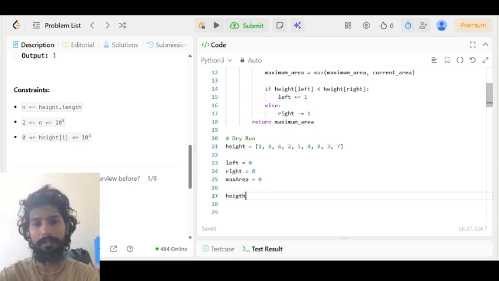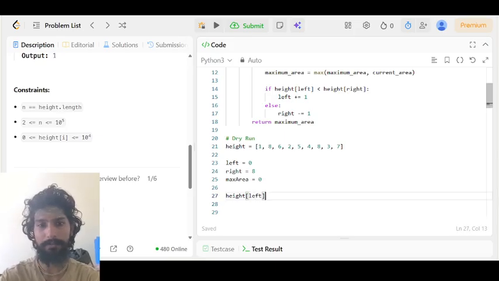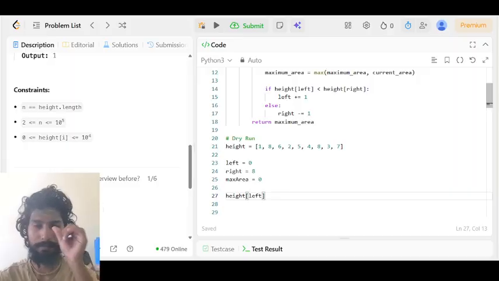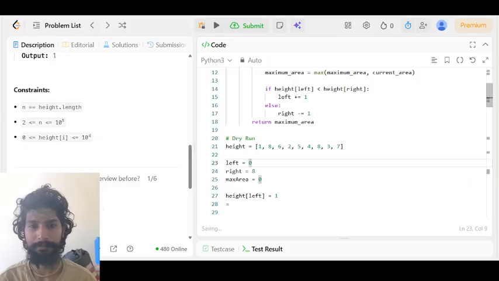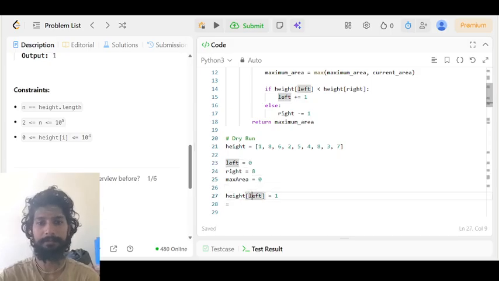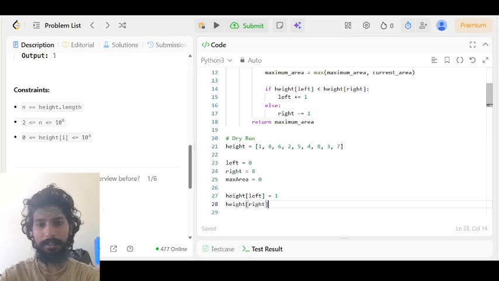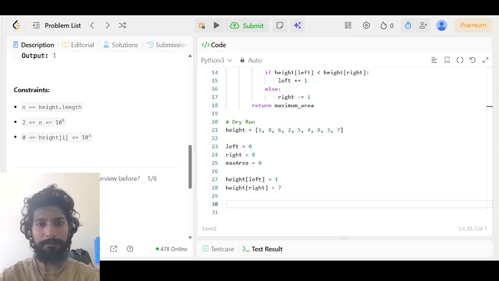Height left equals 1 and height right equals 7. So height left is shorter.